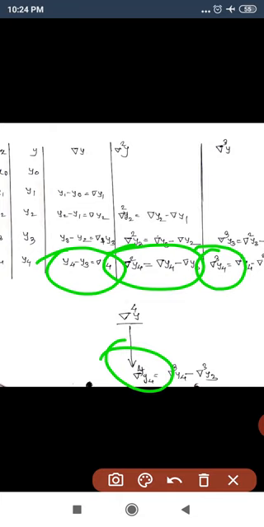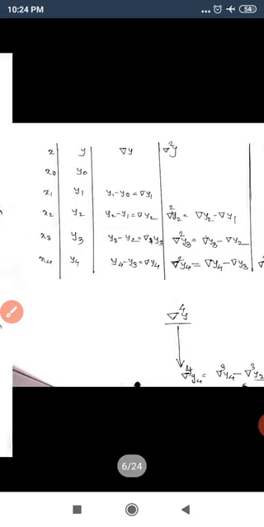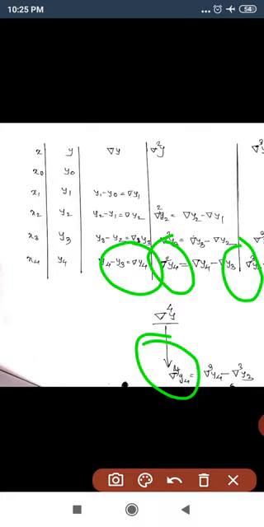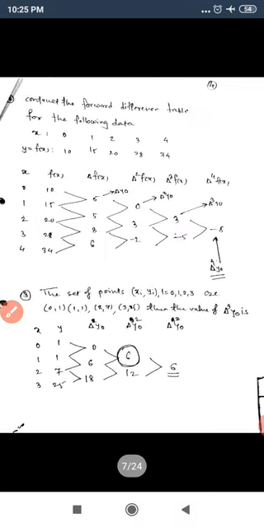In forward difference table, we are taking the first value: del of y0, del square of y0, del cube of y0, del to 4 of y0. In backward difference table, we are collecting the values del of y4, where the last value is y4, therefore del of y4, del square of y4, del cube of y4, del to 4 of y4, del to 5 of y4, and so on. We will see this in detail.